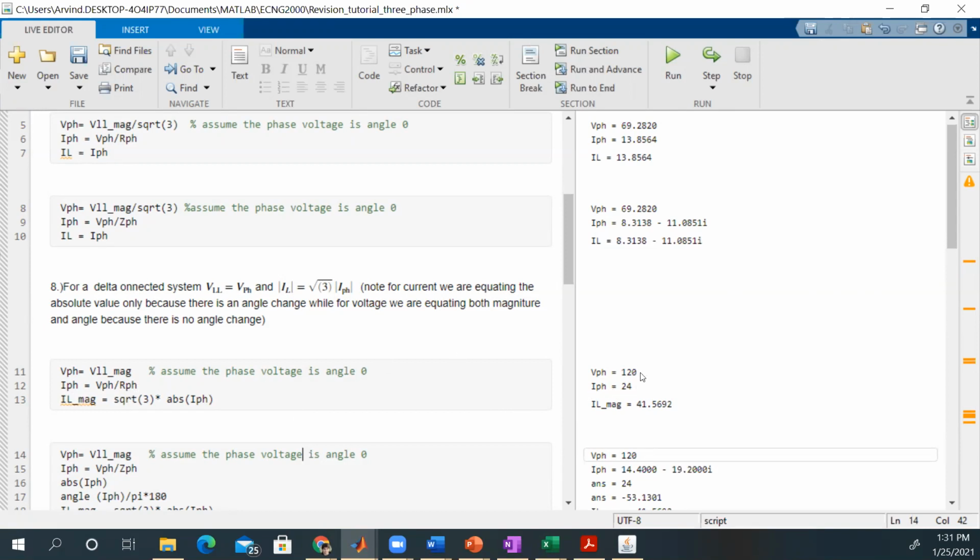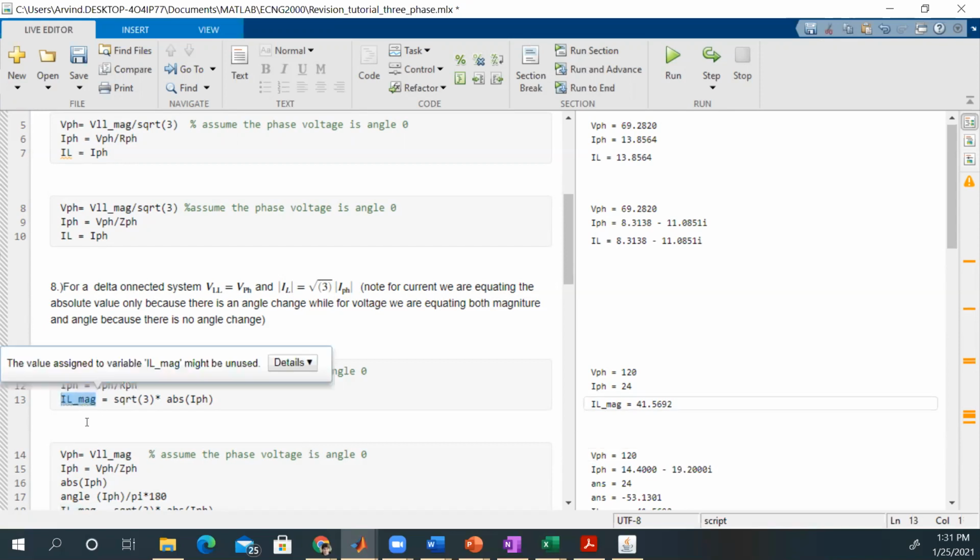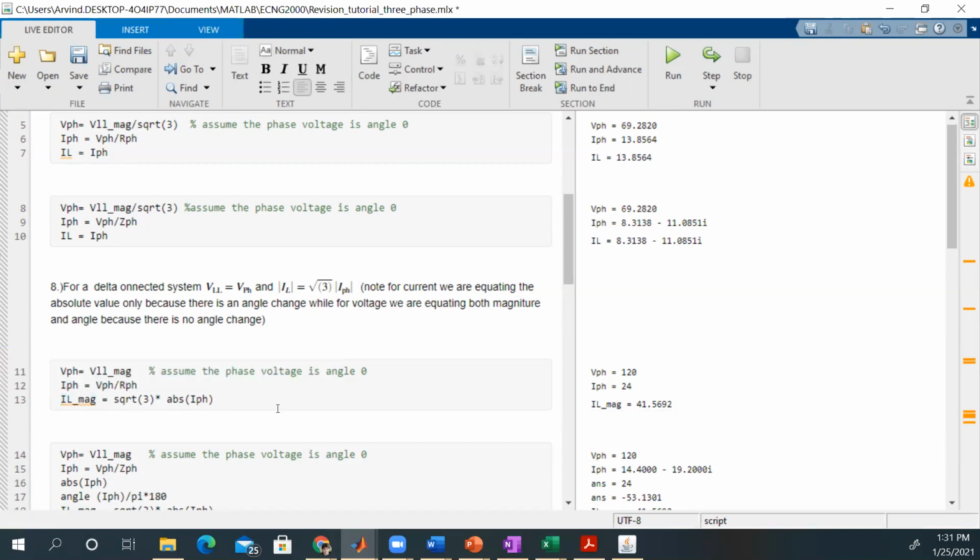This will also be angle 0 because it is a resistance, so there's no phase shift. And I line magnitude, now we're just looking at the magnitude of this, is square root 3 multiplied by the absolute value of I phase. In this case, the absolute value is the same as the full complex value because the angle is 0, but I've just put it in here for completeness. So that works out to be 41.5692 amps. Good.